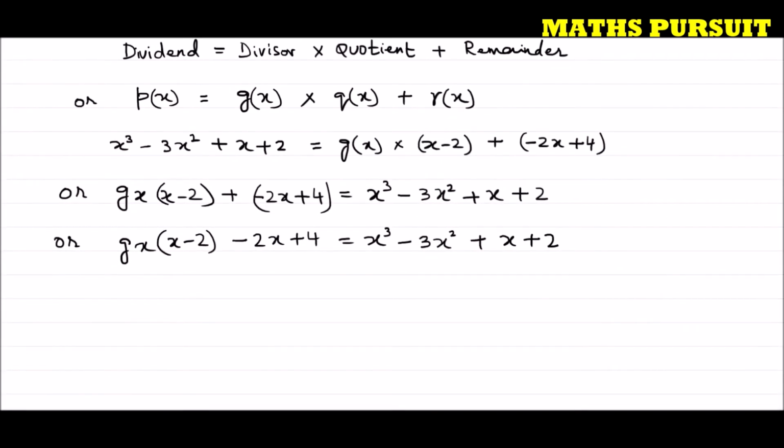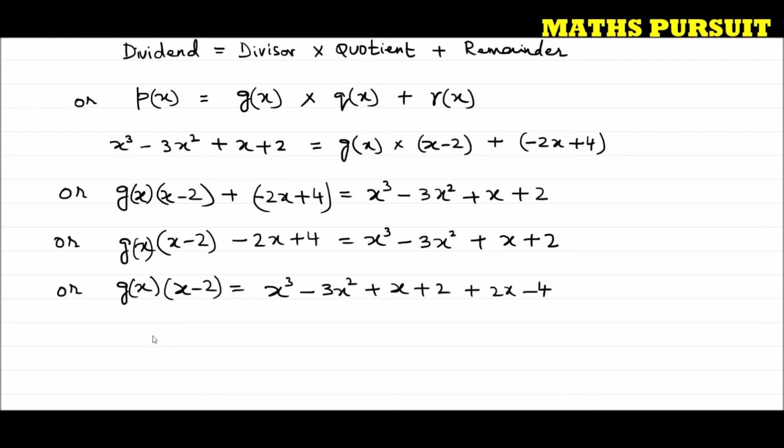Or I can write g(x)(x - 2) is equal to x^3 - 3x^2 + x + 2 + 2x - 4. Just moving this -2x + 4 from the left hand side to the right hand side. Hope guys I'm very clear here.